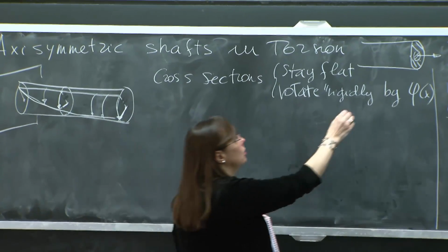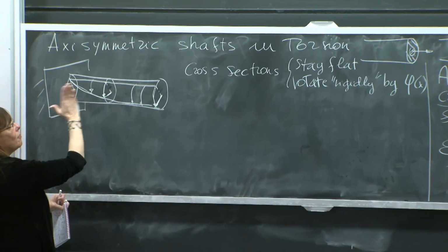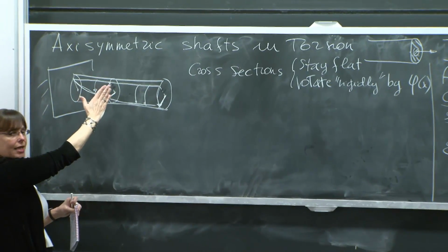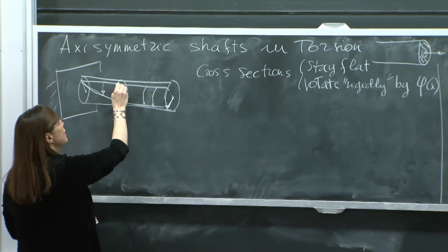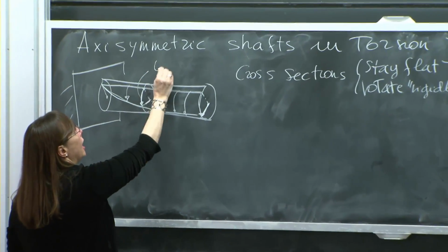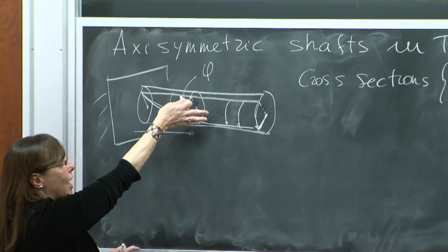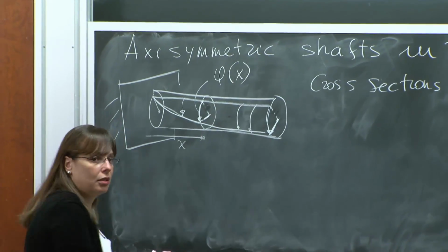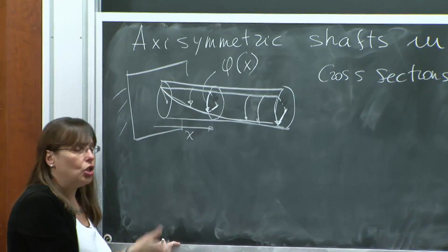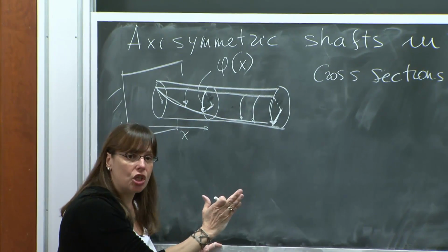So the whole section, like imagine that there is a disc here at this section, the whole thing rotates by phi. So this angle of rotation here, I call it phi. And the rotation of the section at x, I call it phi of x. Okay? So this is the rotation of every section along the length of the shaft.